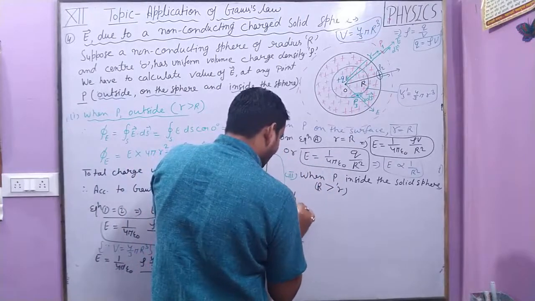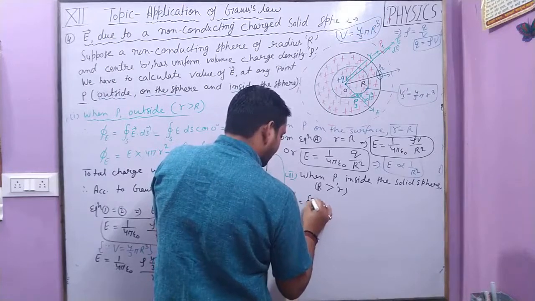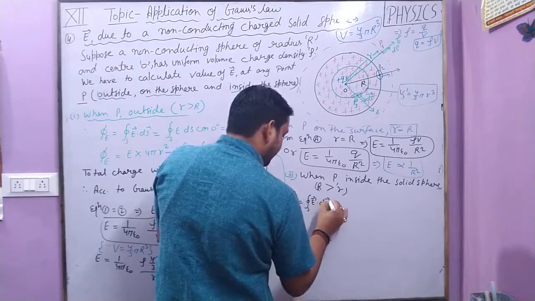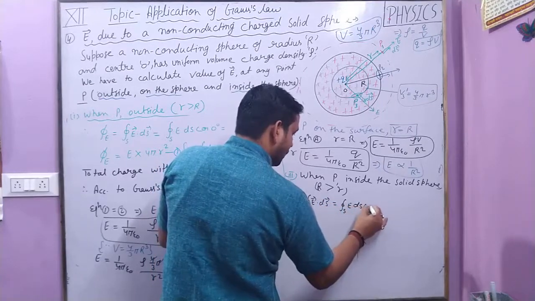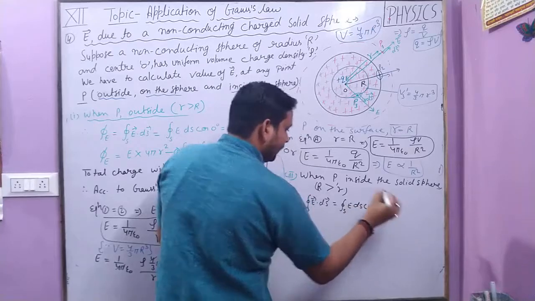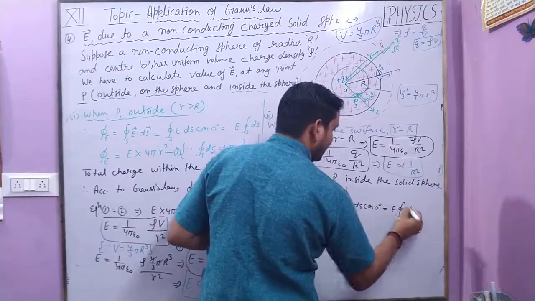Therefore electric flux is the closed integral of vector E dot vector dS, which is E dS cos 0 degree, equal to E times the integral of dS.